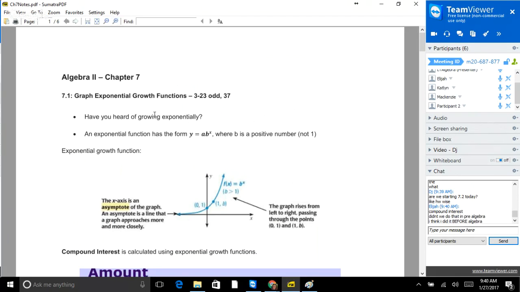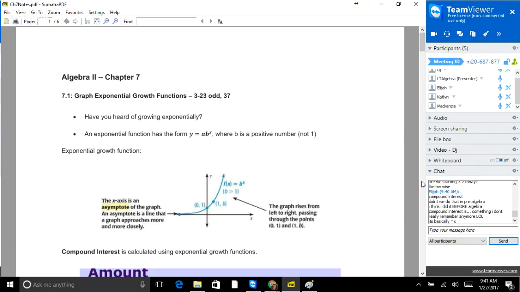Okay, so I have the question, have you heard of growing exponentially before? That's a term that people like to use even on the news, like the growth of this is growing exponentially. It's kind of like growing off the charts is the general meaning. But obviously in math, we have a little bit more of a definition for what that is.